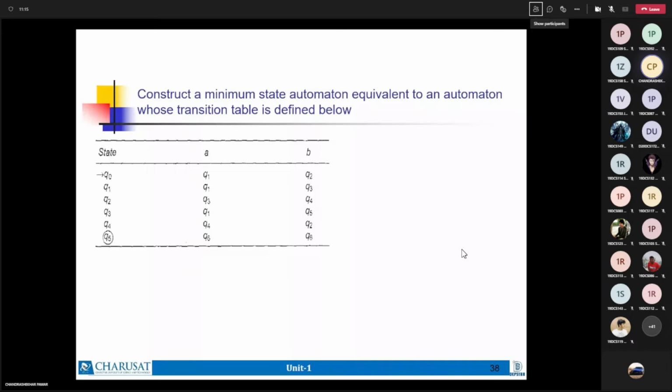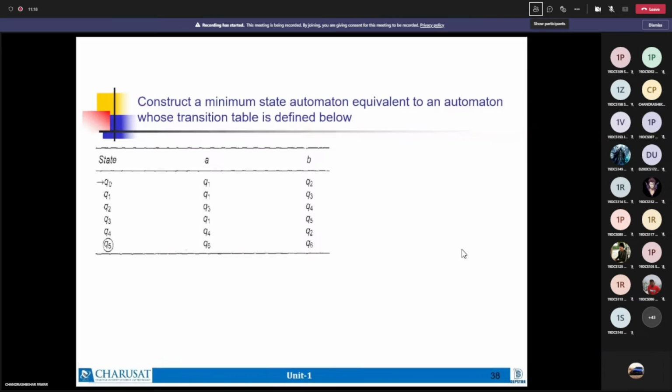Within this minimization of finite automata, does anyone remember what the aim of this minimization is? Why do we need to minimize the finite automata? We discussed this in the last session.